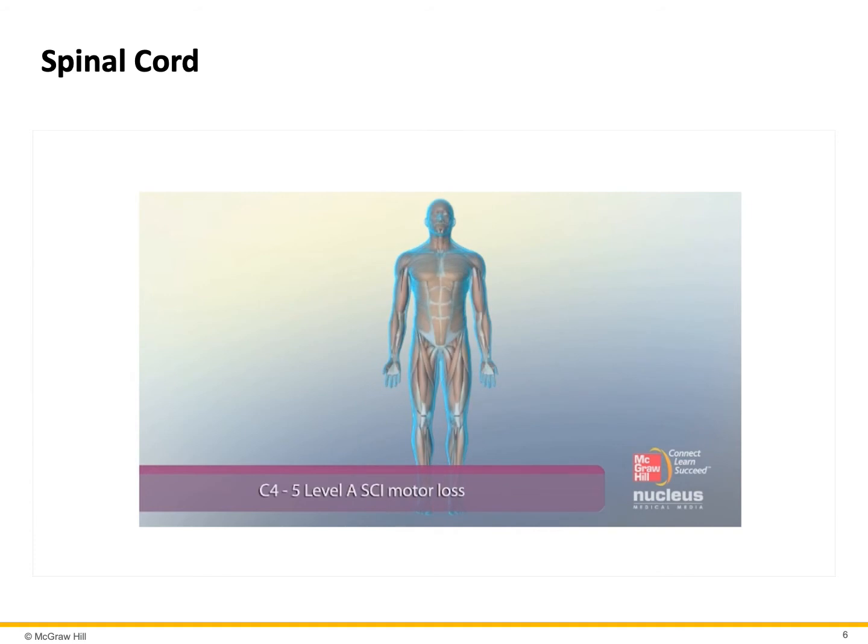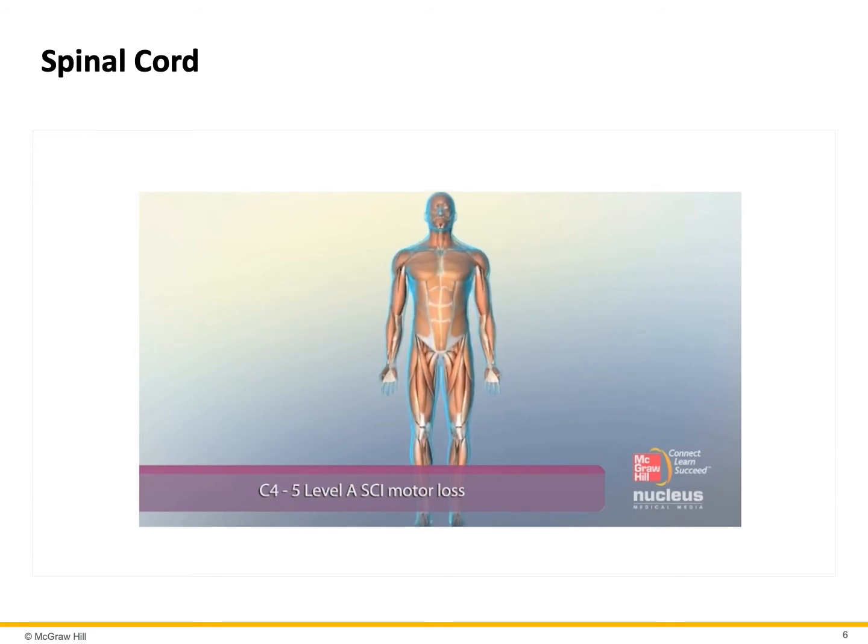Motor loss from a C4 to 5 level A injury results in tetraplegia or quadriplegia, which is characterized by partial or total loss of arm movement and total motor loss below.